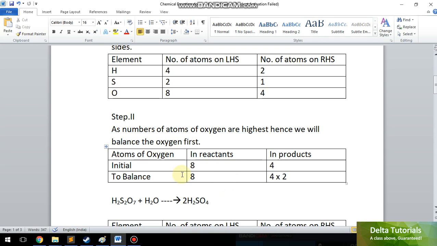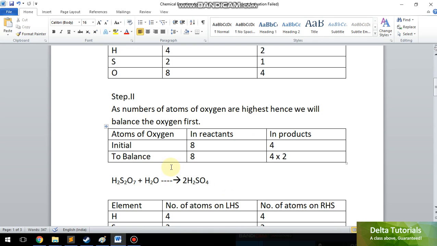So similarly we are drawing the table again. Now we are considering only oxygen. So we have mentioned here atoms of oxygen. Initially on the reactant side they were 8 and on the product side they were 4. Now to balance we need to make this 4 into 8.